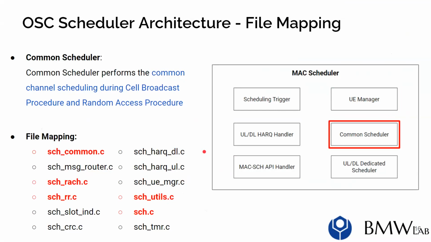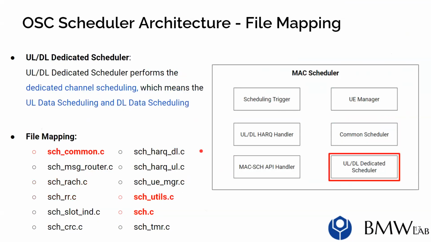Okay, and another component is called the common scheduler. The common scheduler can perform the common channel scheduling during the cell broadcast procedure and the next procedure, which I just mentioned, the common channel scheduling. Yeah. And we have a file mapping for this component. You can see the common, round robin, utility.